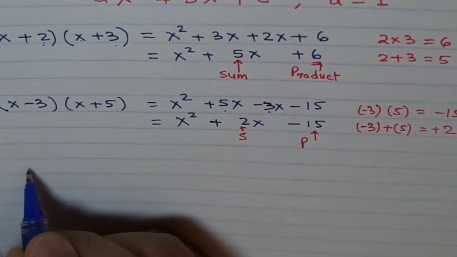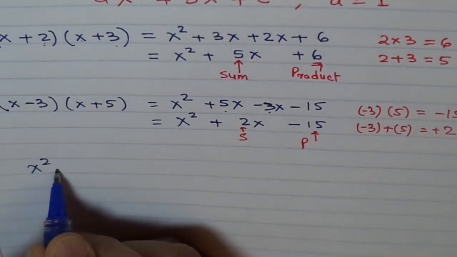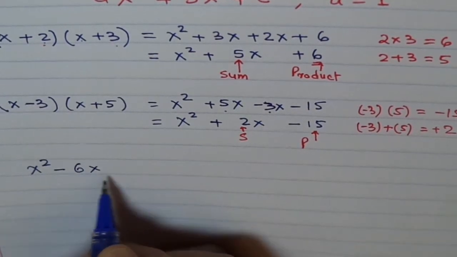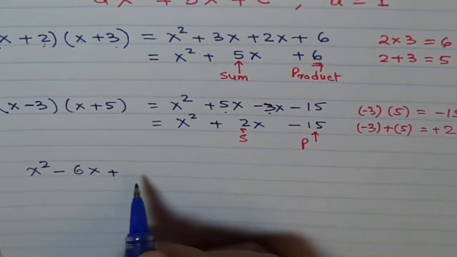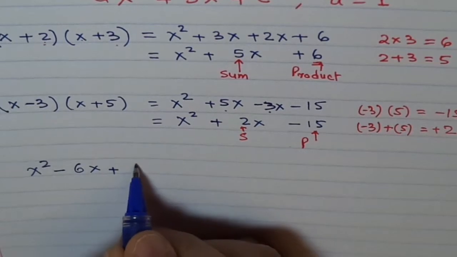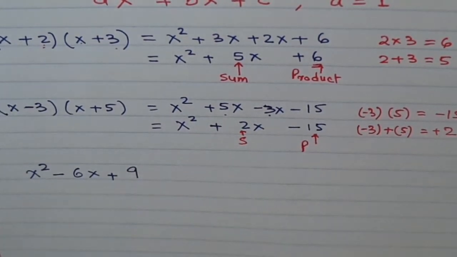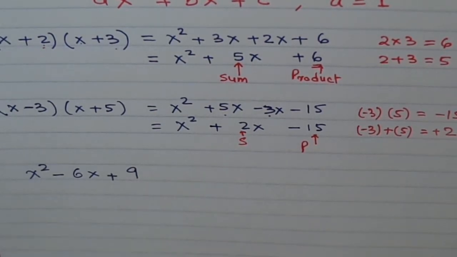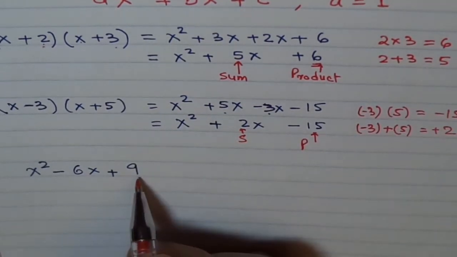Let me write down a trinomial like x squared minus 6x plus 9. Now here, it's kind of tricky. I took an example which is kind of tricky. Anyway, let's try it out. Now what is the product here?